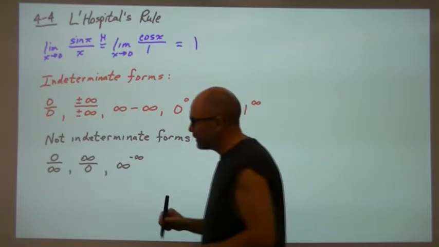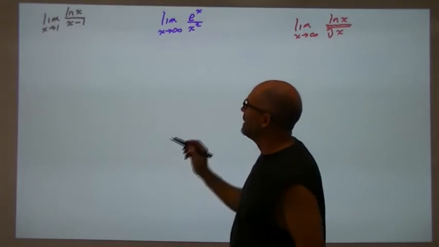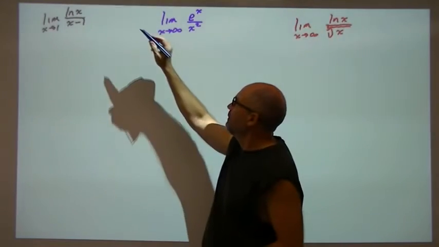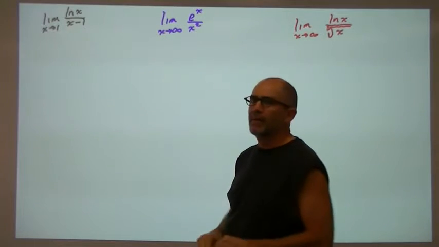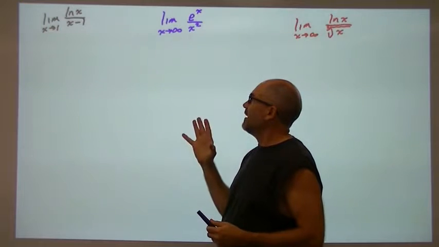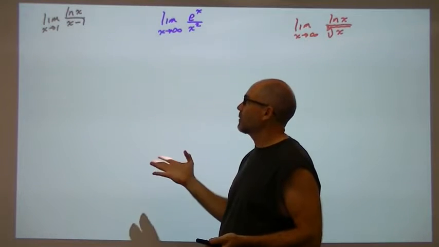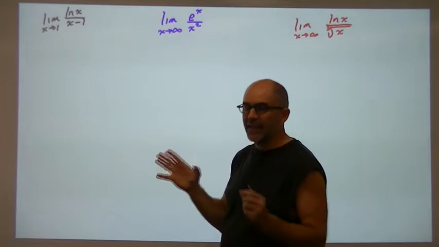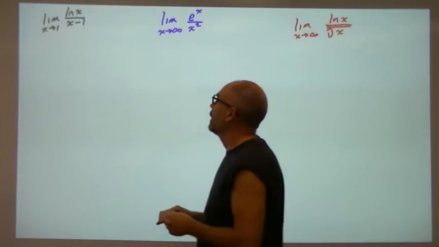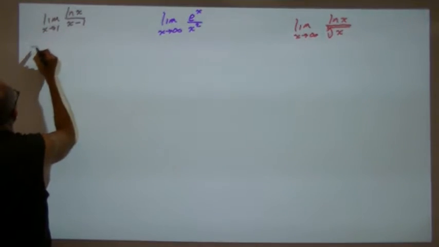Okay, let's try some more examples. How about the limit as x approaches 1 of natural log x over x minus 1? Well, if I just put 1 in for x, then I have natural log 1, which is 0, over 1 minus 1, which is 0. Once again, an indeterminate form. So, I take the derivative of the top and the bottom.